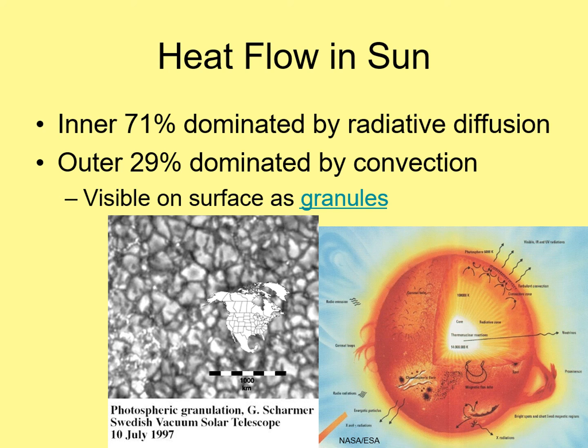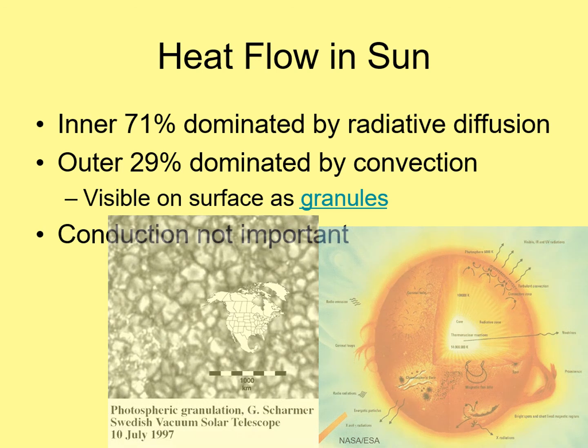These are called granules, and they're the top layer of individual convection cells. You can see a map of North America superimposed on these granules here. If we watch over time, we can see hot, bright gas rising to the Sun's surface, cooling off and getting darker, and then sinking back into the interior. Click on the link to see an example of this.